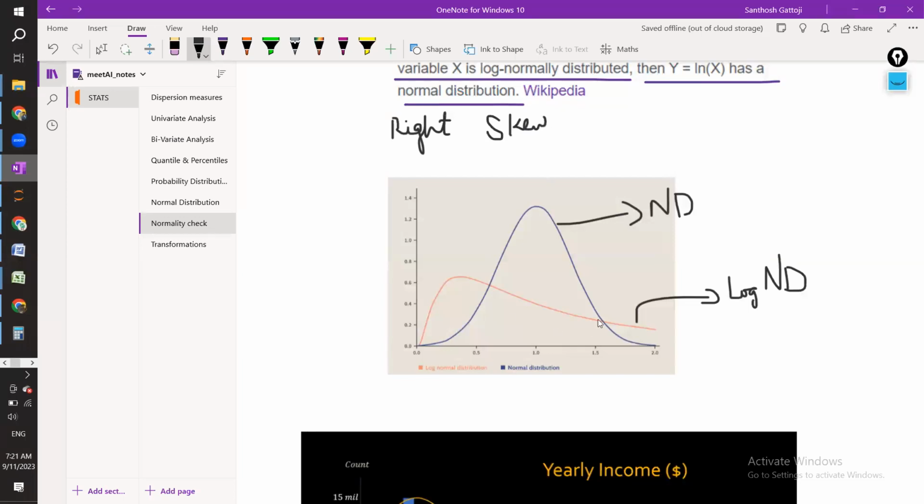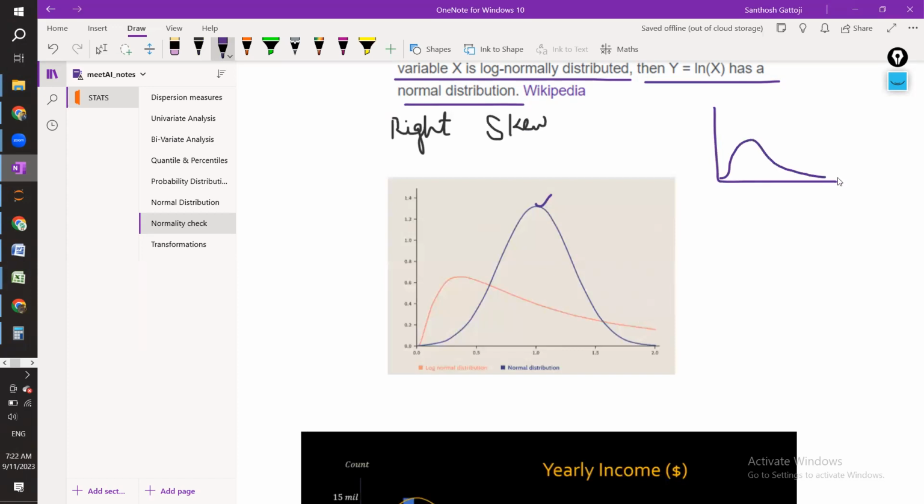But there is an important point. All right skewed distributions are not lognormal. Only those whose log is normal are lognormal. Getting? No confusion. I'm saying you have a normal distribution, that's fine, but a lognormal distribution is a distribution that will be right skewed.